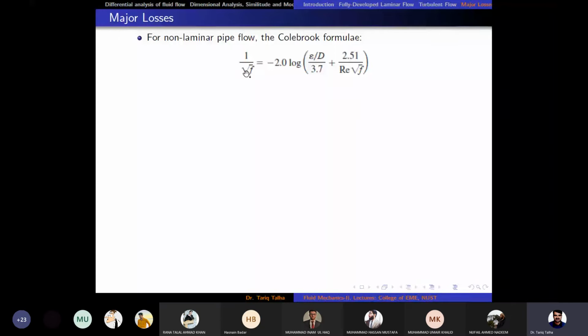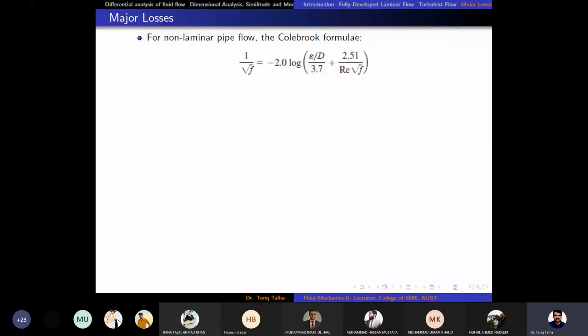If you look at this relation carefully, you can see that this is an implicit relation. The friction factor occurs on the left hand side as well as on the right hand side. So we need some kind of iterative solution, which we can do very easily on programmable scientific calculators.